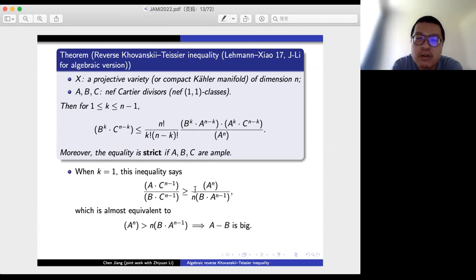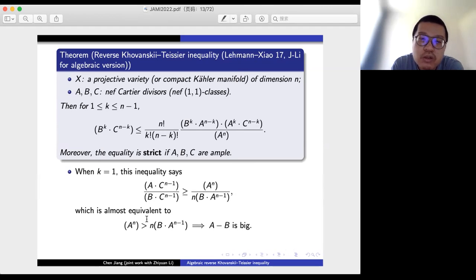So if the right-hand side is bigger than 1, so it's the self-intersection number bigger than this one, then the left-hand side is bigger than 1, which means that actually A minus B is nef. Okay, this is almost the same. So it means that A minus B times the movable curve is positive.